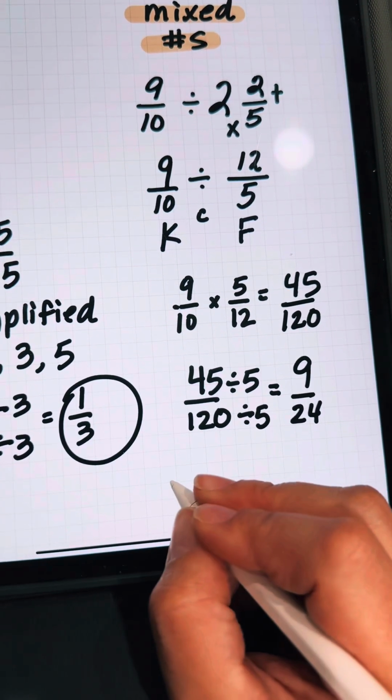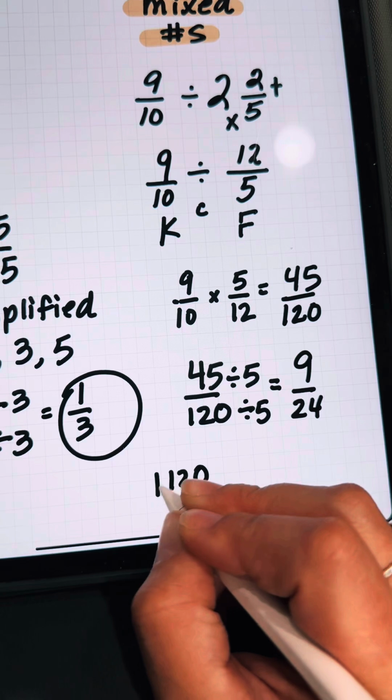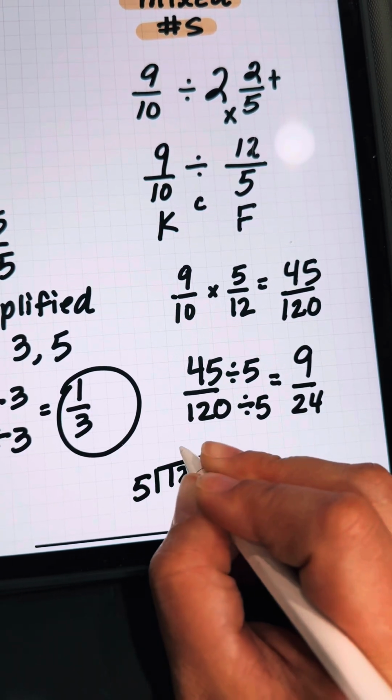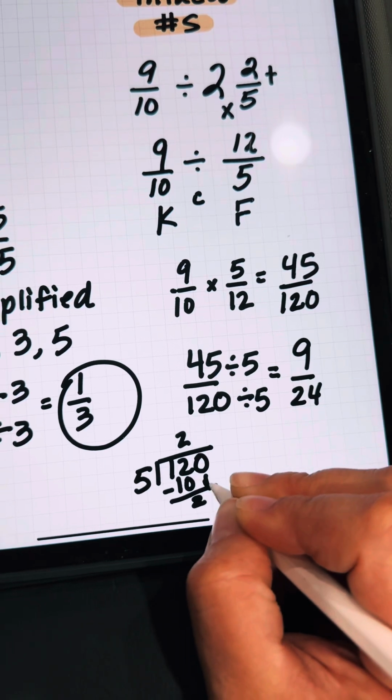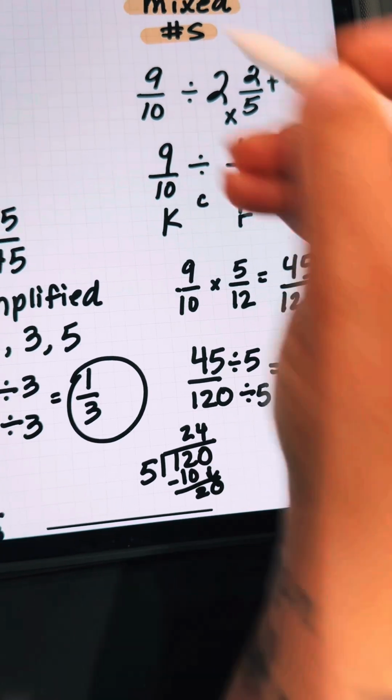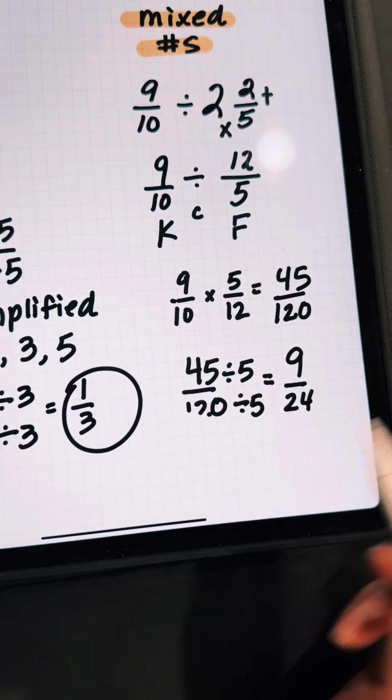Did I get that right? Let's see if Miss Vaughn did that mental math right. She did.